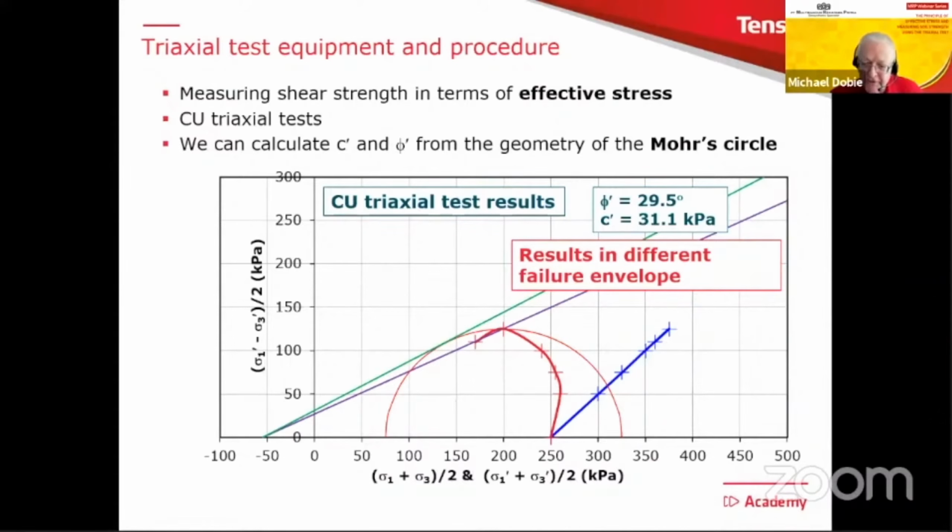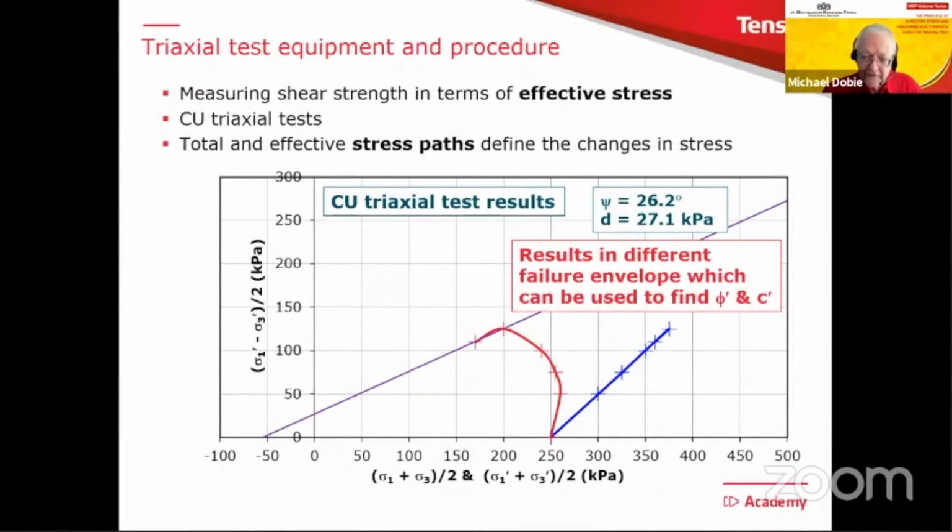And in fact, the parameters we then normally quote are going to be those parameters at the top there. They are no longer C' and phi'. So when we measure the slope and intercept for that purple line, we have to convert it to C' and phi', which is just done simply from the geometry of the Mohr circle by those little formulae there. So that gives us C' and phi' for that particular result.